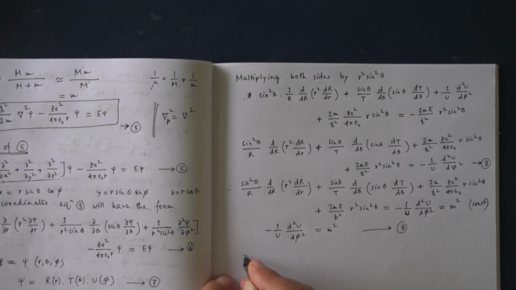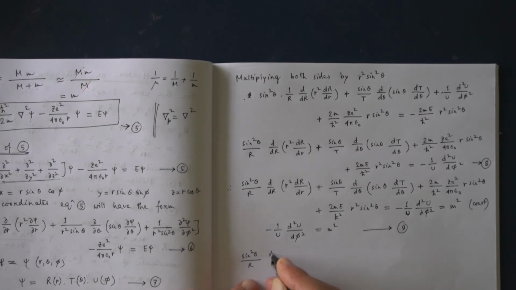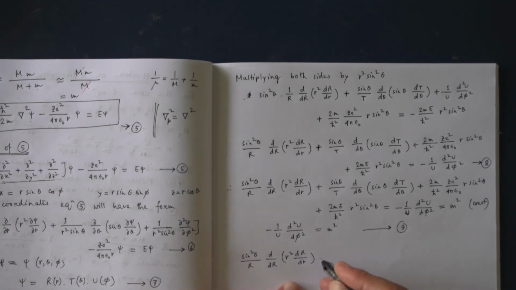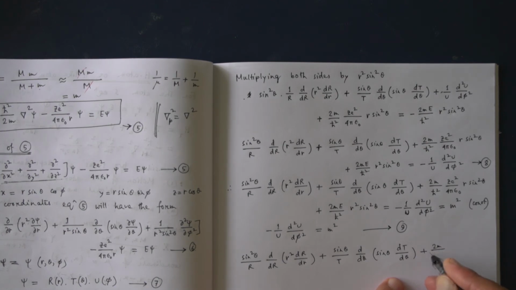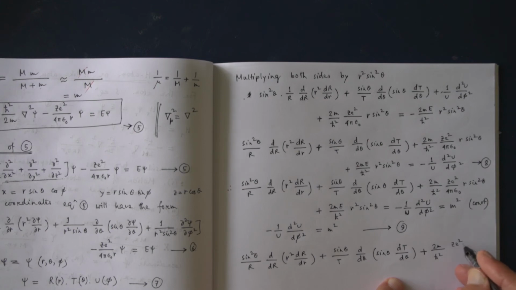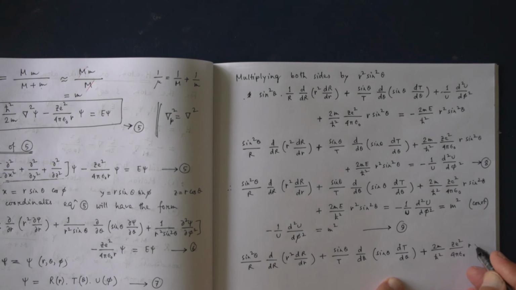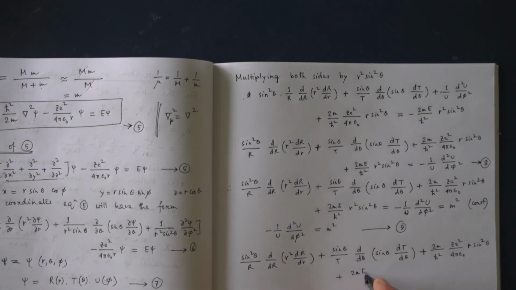And the other equation is sin²θ by R d/dr (r² dR/dr) plus sinθ by Θ d/dθ (sinθ dΘ/dθ) plus 2m by ħ² Z e² by 4π ε₀ r sin²θ plus 2mE by ħ² r² sin²θ equal to m².